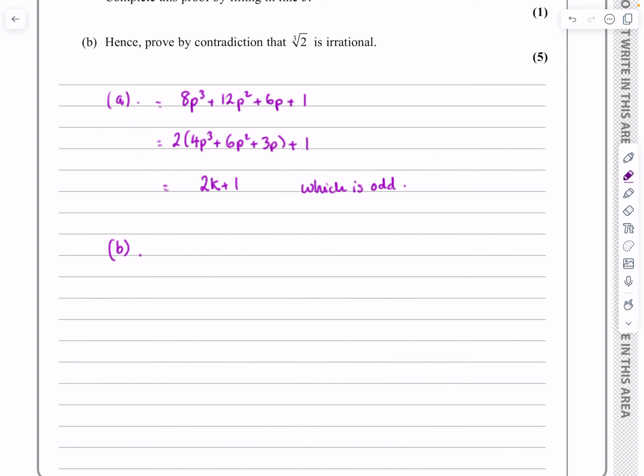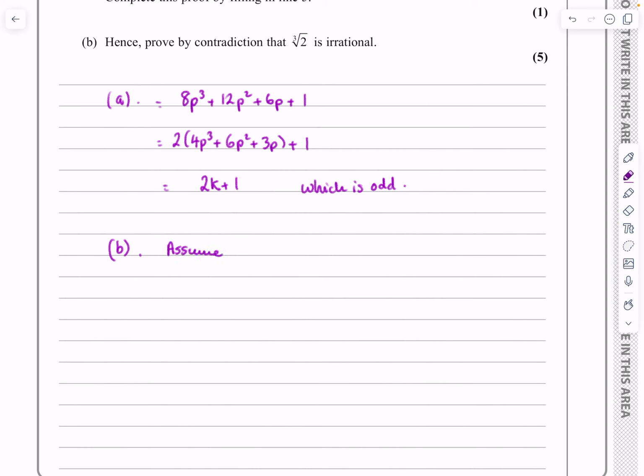So this one says, hence prove by contradiction that the cube root of 2 is irrational. So if I'm doing one of those and trying to prove the cube root of 2 is irrational, I'll go through this method. Check this method a couple of times before the exam and just learn the sort of steps that you're going to do. What I'm going to do is I'm going to assume the opposite.